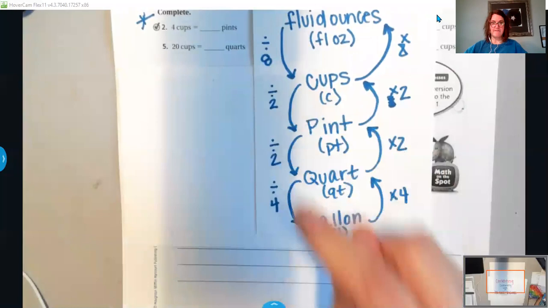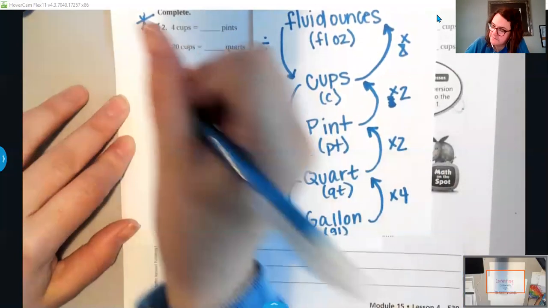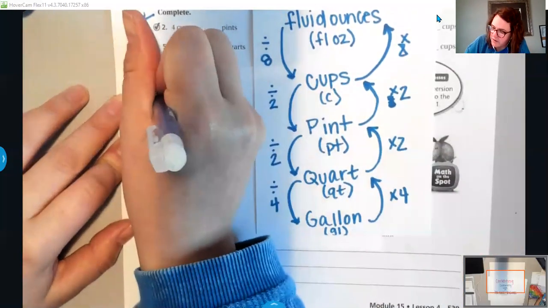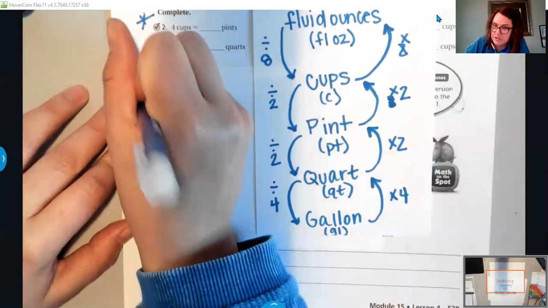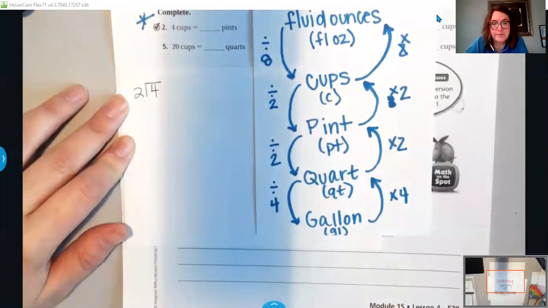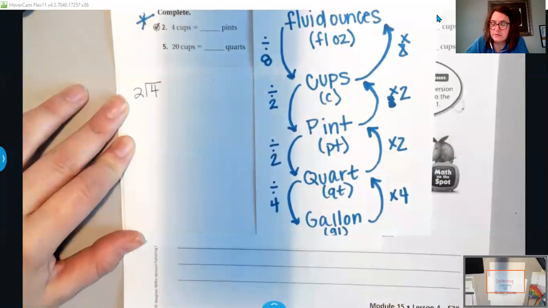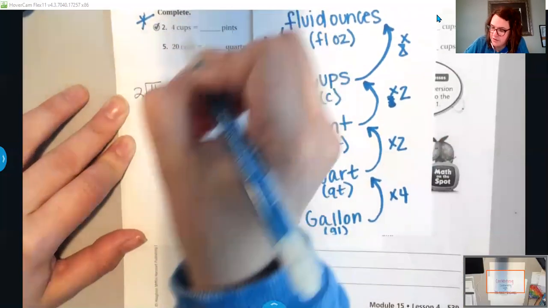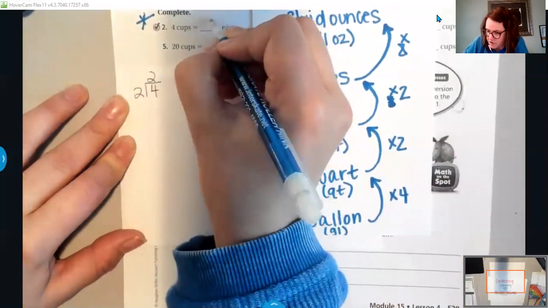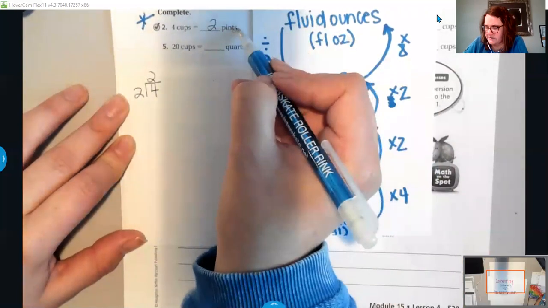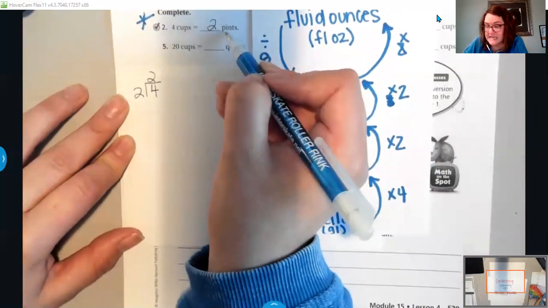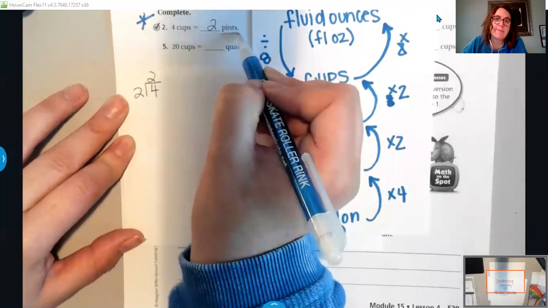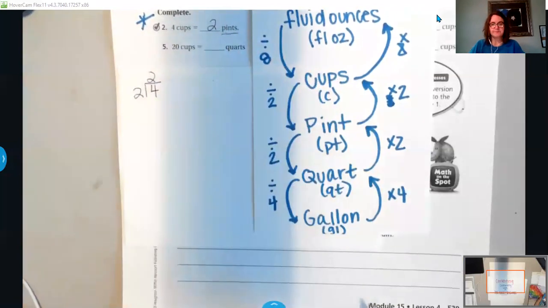So if I have 4 cups, I'm taking 4 divided by 2. 4 divided by 2 is 2. Therefore, there are 4 cups in 2 pints, because remember, pints is our bigger one.